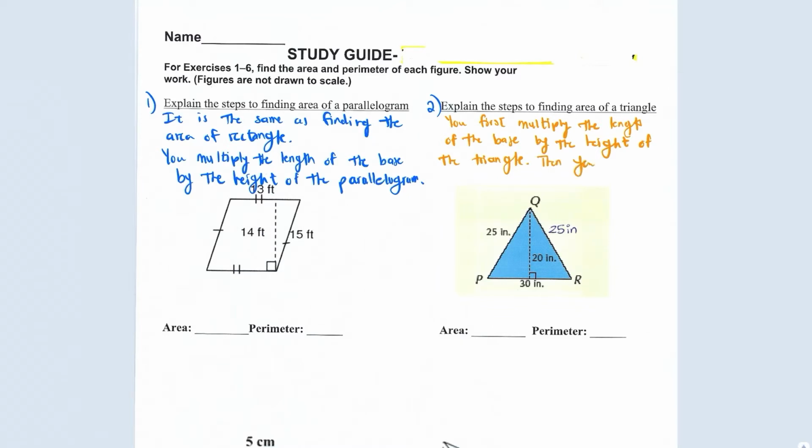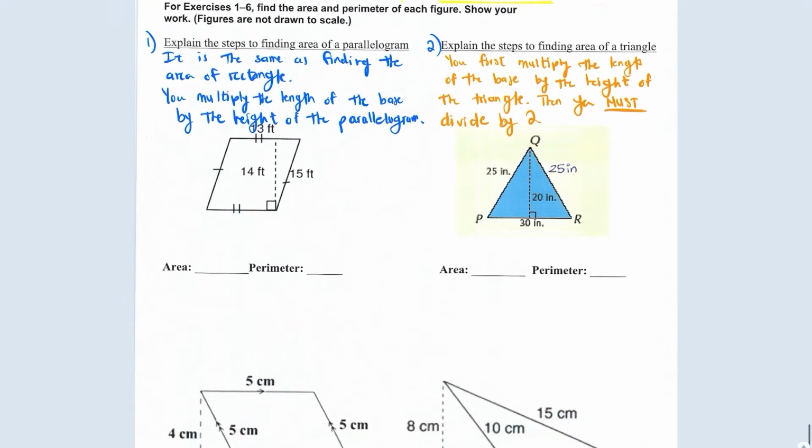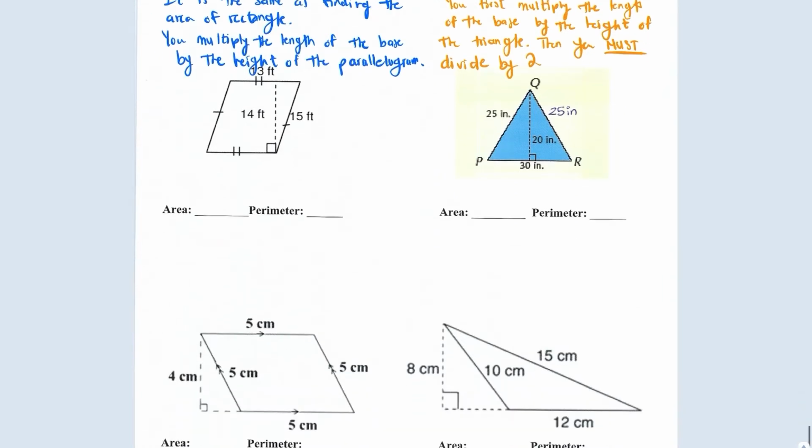Then, and I'm going to put this in all caps and underline it, you must divide by 2. Because if you were to just multiply the length of the base times the height, you would get the area of the square or the rectangle, not the triangle. Okay, so again, we're having you refresh your memory on how to find the area of these two shapes here.